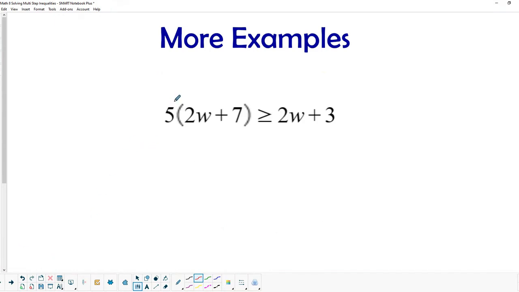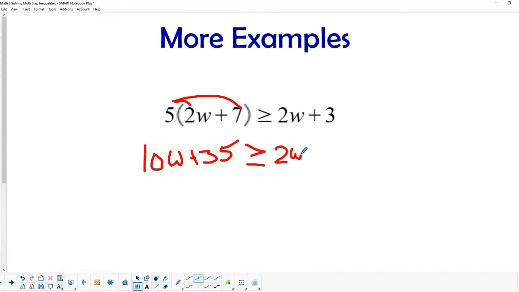This next one, we have a set of parentheses. So let's multiply that 5 by each term inside to give us 10w plus 35, and all of that is greater than or equal to 2w plus 3.